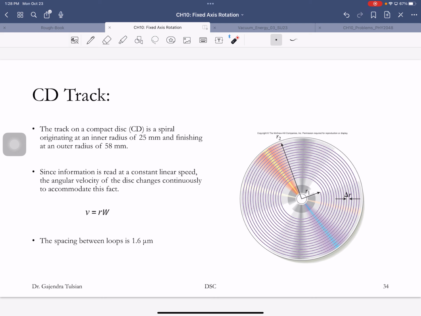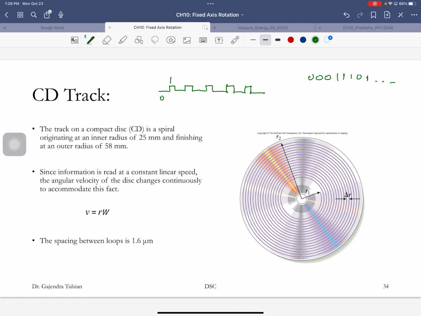So you guys have used these devices. These devices store information on that line, and the information is stored in binary digits. So this could be zeros and that's 1. So information is stored as 0, 0, 1, 1, 0, 1, and so on.